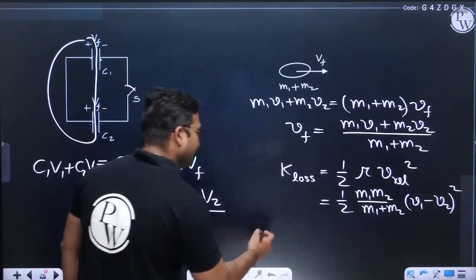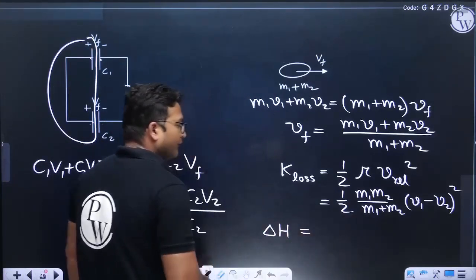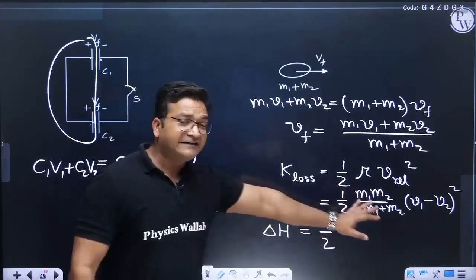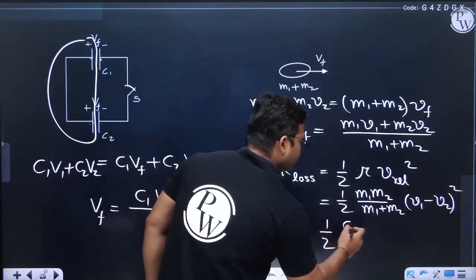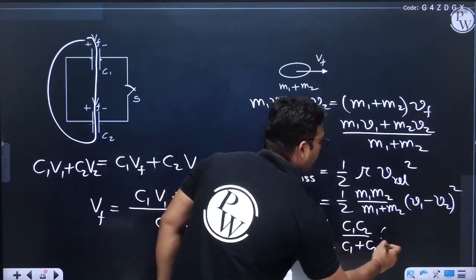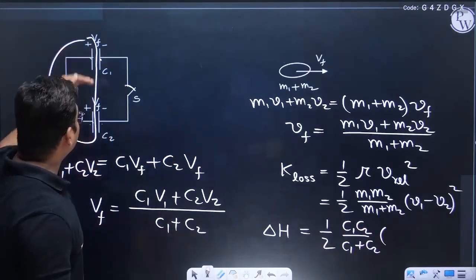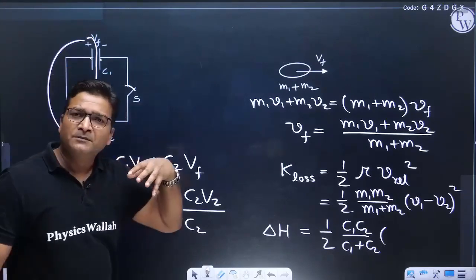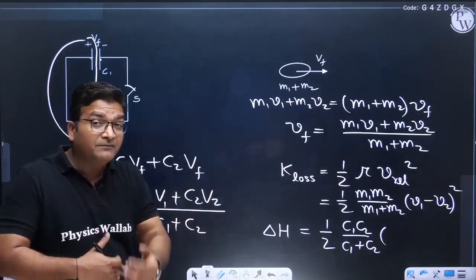Let us write heat loss. The formula for heat loss can be written as 1 by 2. Replace masses by capacitors, so I'll write C1 C2 divided by C1 plus C2, and velocities by voltages. So if same polarity is connected, positive is connected to positive, it means the two masses are moving in the same direction and relative velocity becomes V1 minus V2.